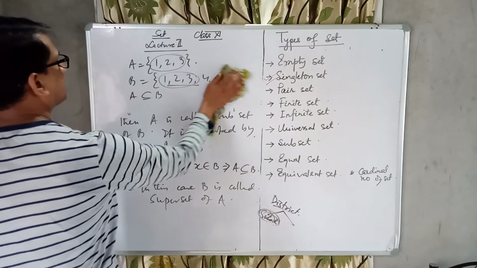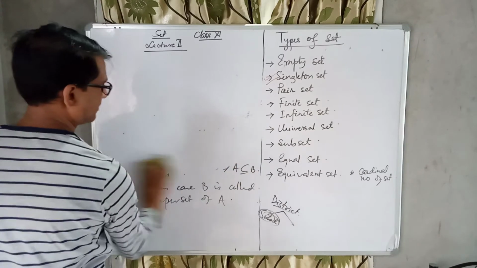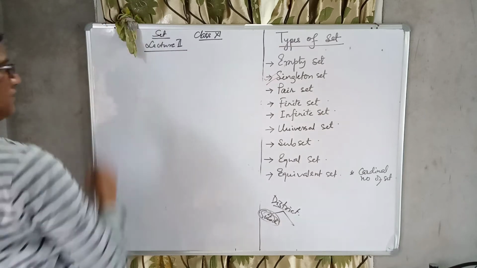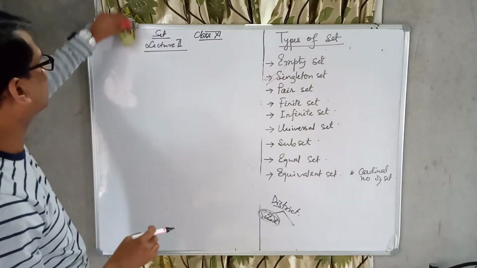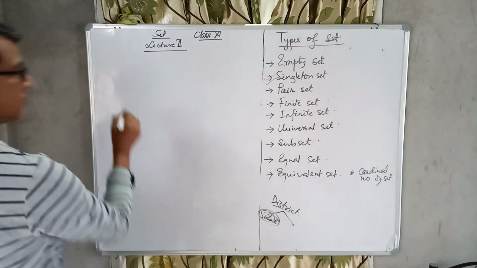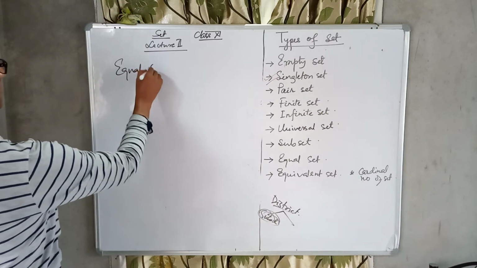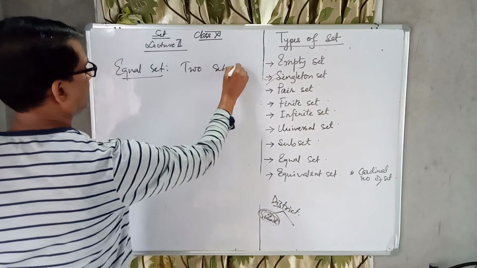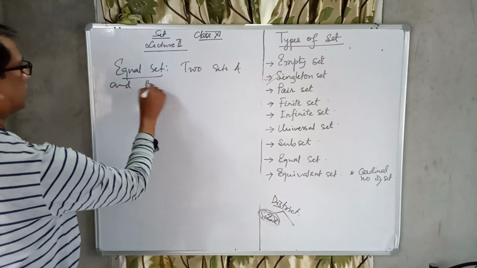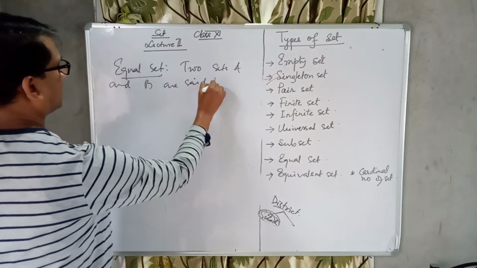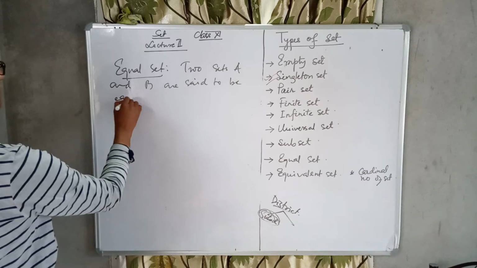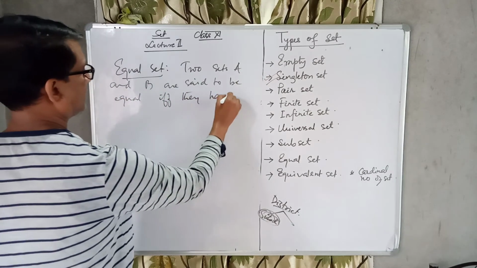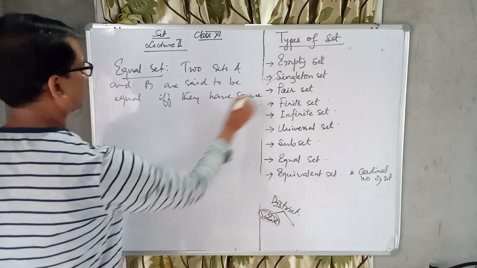Now, equal sets. What is an equal set? Two sets A and B are said to be equal if and only if they have the same elements.